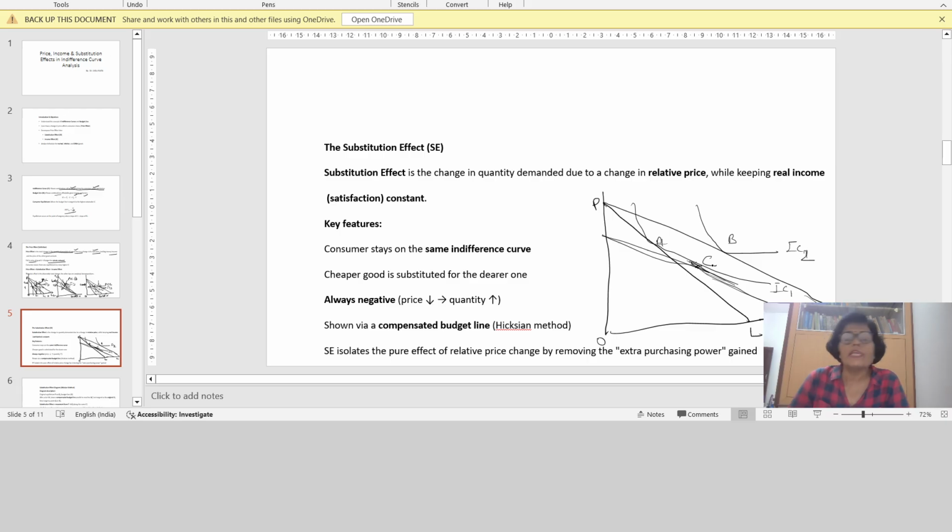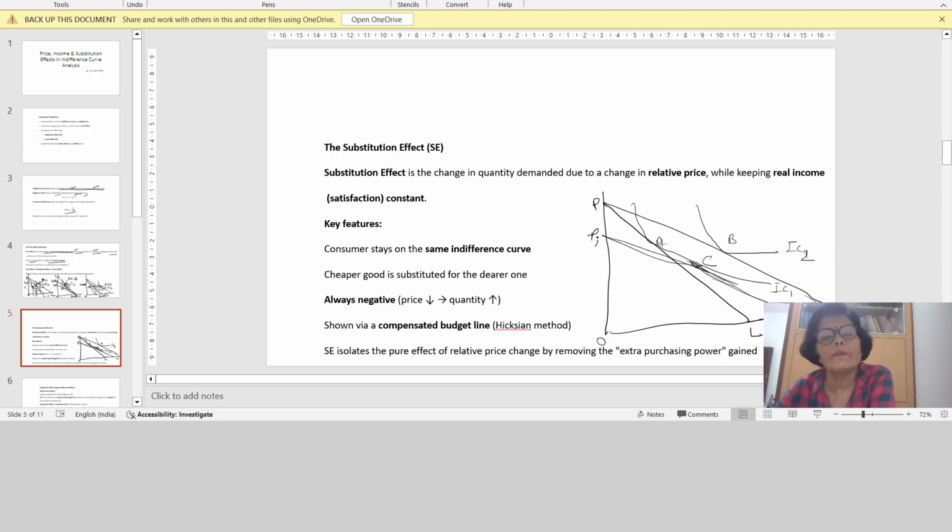This is known as the compensated budget line. The budget line which I have just drawn parallel to PL1 is the compensated budget line.